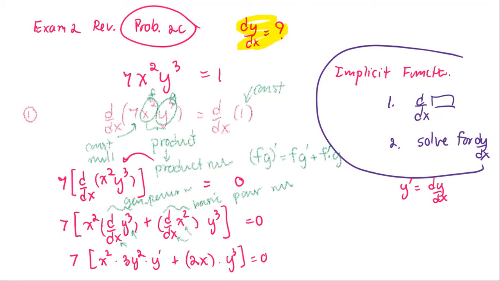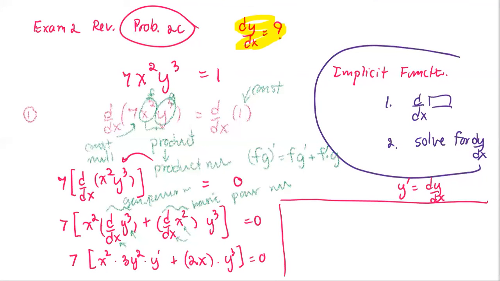So the next step, we are going to simplify as much as we can and also solve for y prime. We simplify it to be 7 multiplied by 3x squared y squared times dy by dx plus 2x times y to the third equals 0.